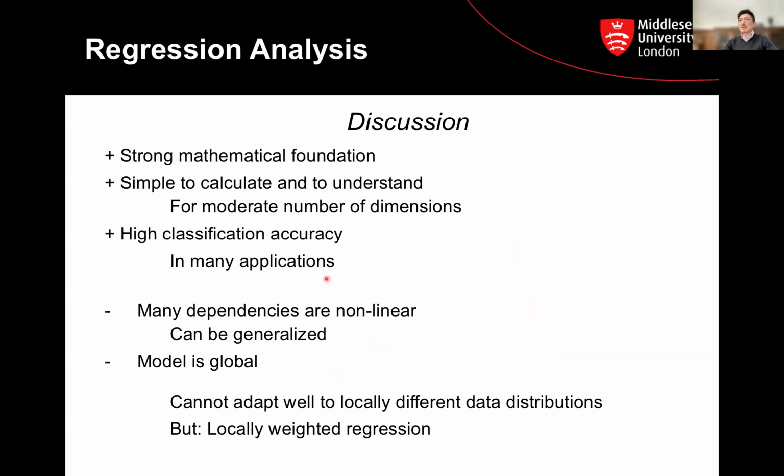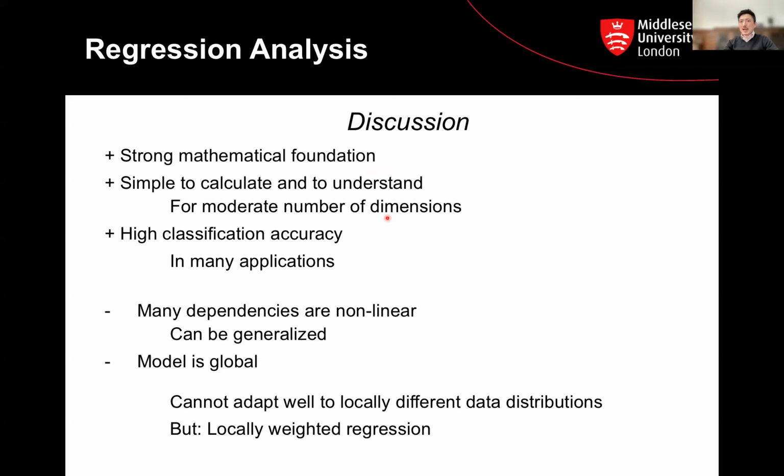Okay, in terms of the advantages of linear regression, it has very solid mathematical foundations, so it's very clear exactly why you want to do this. And it's simple to calculate and to understand for a moderate number of dimensions.